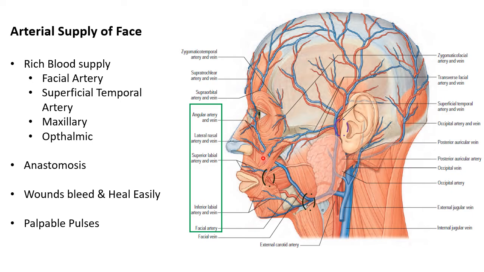Thereafter, it courses further towards the side of the nose. Now, here, if you notice, it's going deep to the dilator muscles. So the zygomaticus minor, zygomaticus major, it goes deep to it, but it is overlying the buccinator and the levator muscles. So in between, it's sandwiched between them.